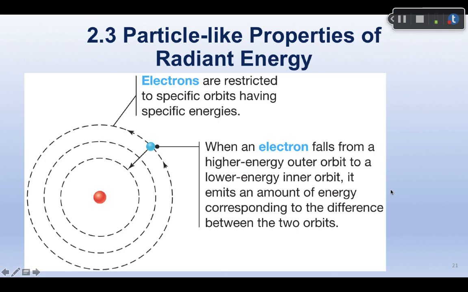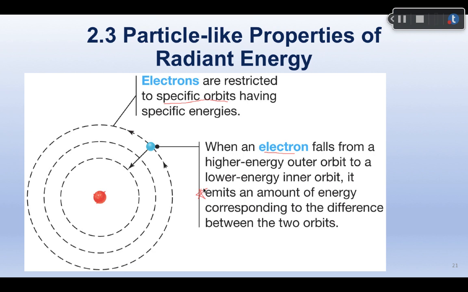And so the Bohr model suggests that electrons are restricted to orbits having specific energies, going around in concentric circles around the nucleus in the middle. And if an electron goes from a higher energy to a lower energy orbit, energy is emitted, corresponding to the difference in energy between those orbits.